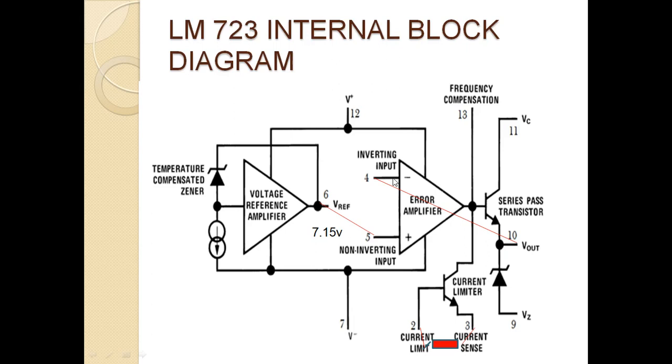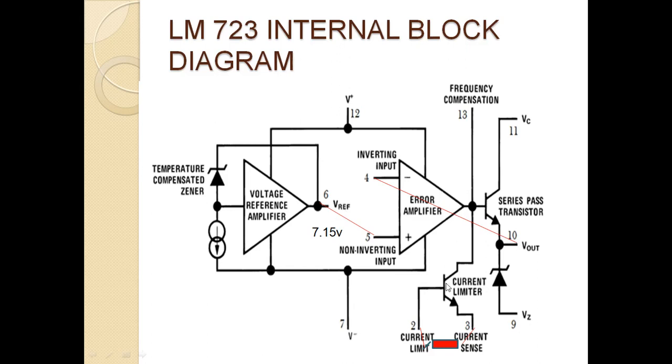The error amplifier generates the error voltage which drives the series pass transistor. For example, if the output voltage is low, this low voltage is given to the inverting input and compared with the higher reference voltage, so the error amplifier produces a more positive voltage. In this way, the low voltage is compensated.